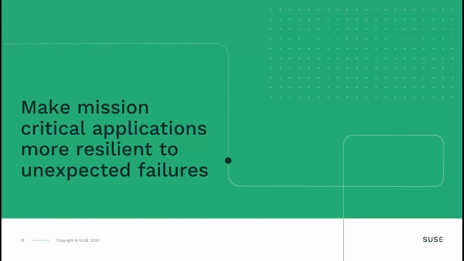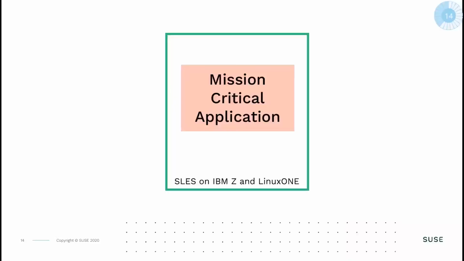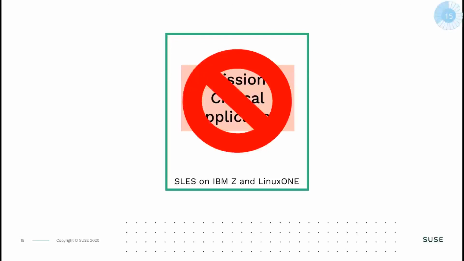There's a massive amount of redundancy, as we all know, in the hardware. And typically, it's not going to be a hardware-related issue, although occasionally it can be. But you still have mission-critical applications, and you can fill in whatever application is mission critical to you. I'll give you a list of some of them here in just a minute that I think are mission critical. But basically, you've got this mission critical application, and for some reason, something happens that causes it to fail.